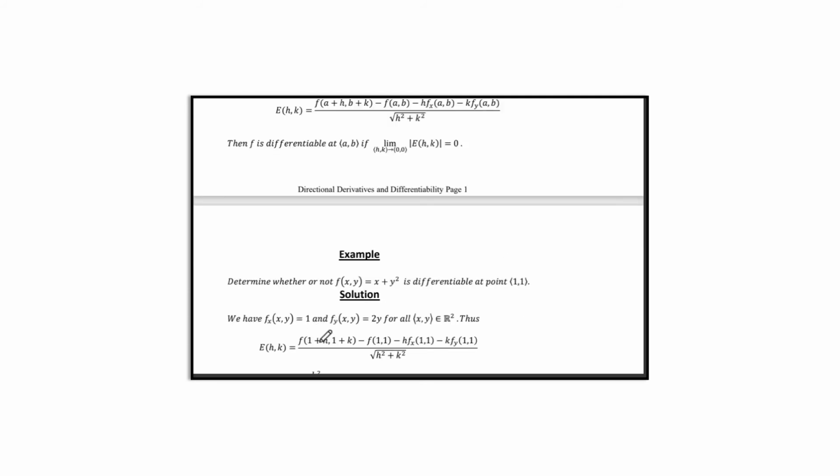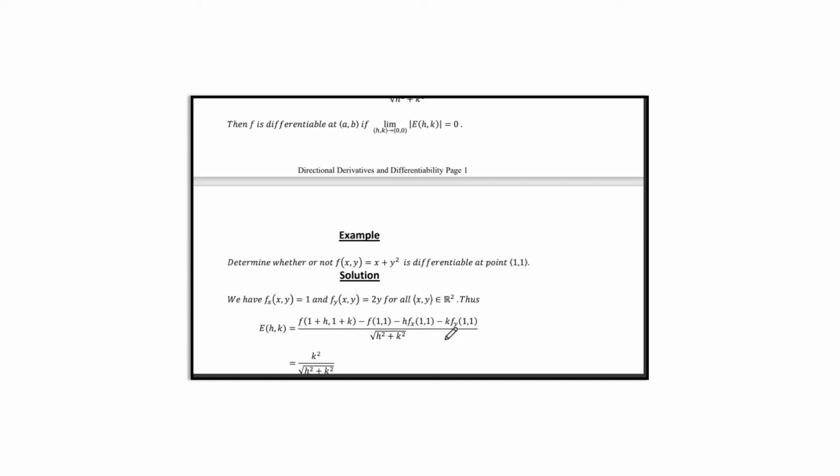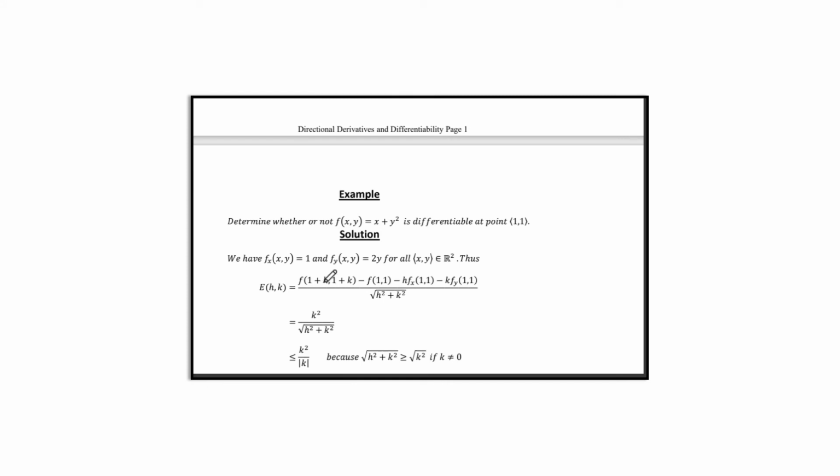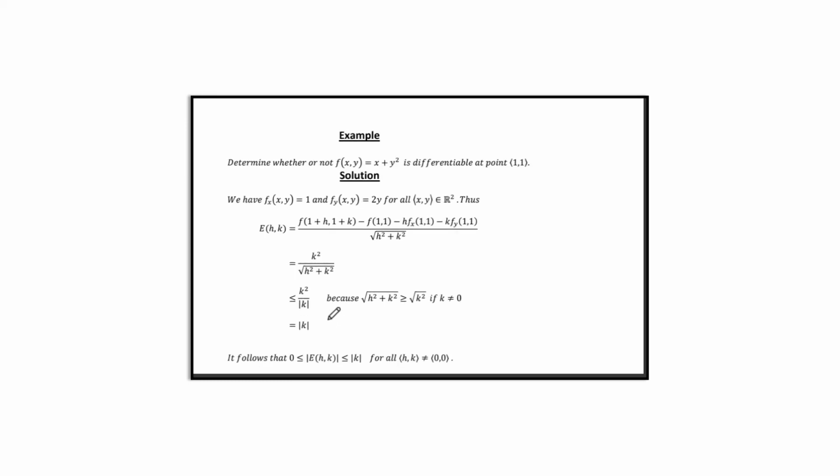So where there's a, it's 1 plus h comma 1 plus k, minus f at (1, 1), minus h times the partial derivative with respect to x at (1, 1), minus k times the partial derivative of f with respect to y at (1, 1), over that. So you simplify that whole top part, you should get k squared, right? And the bottom part just remains like that.